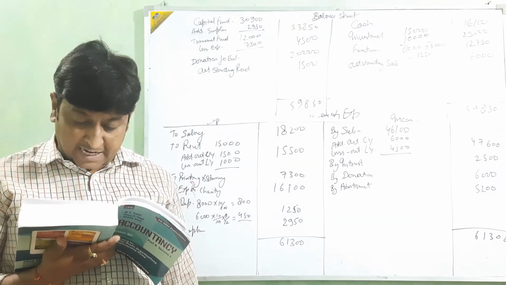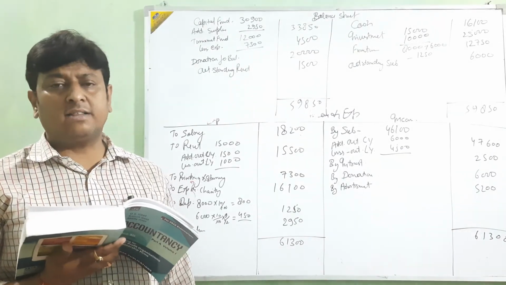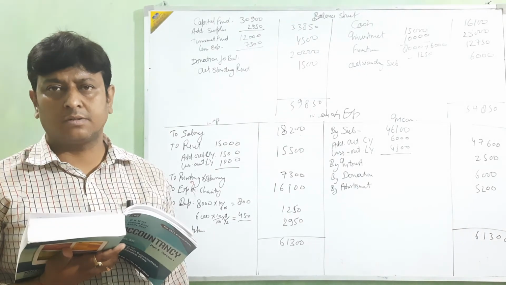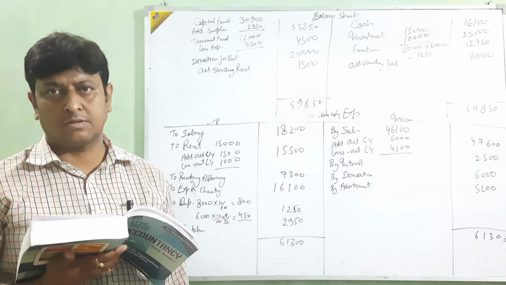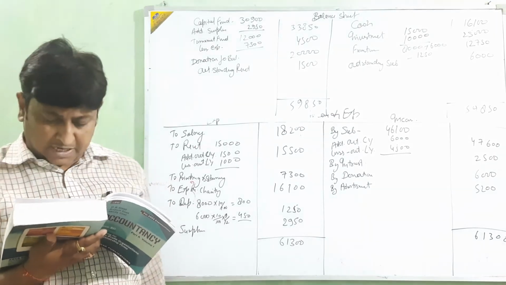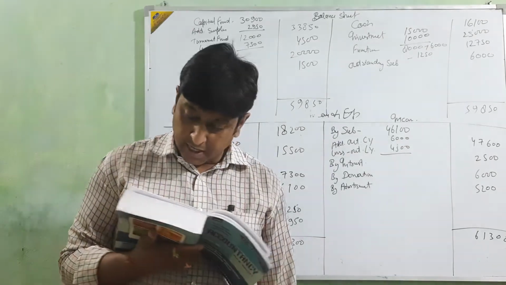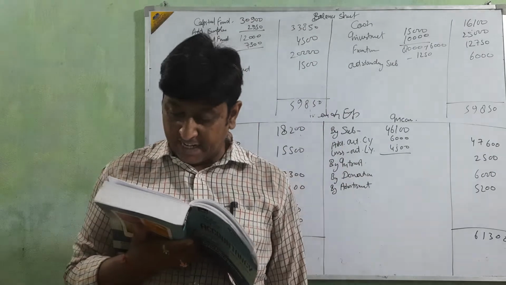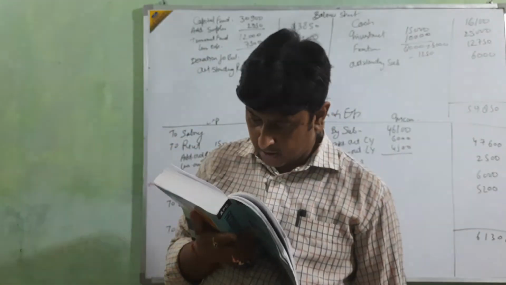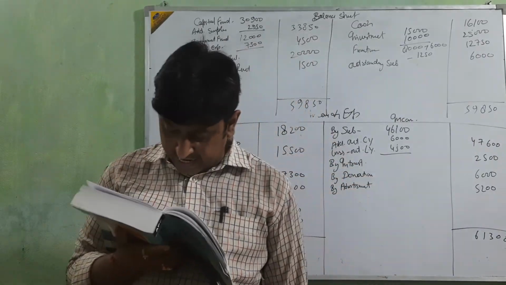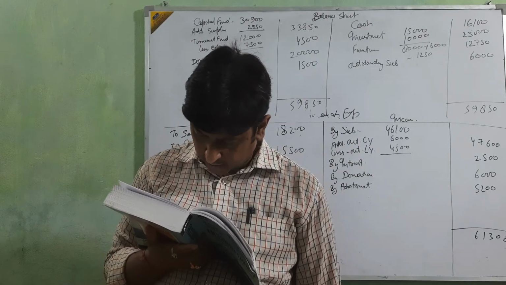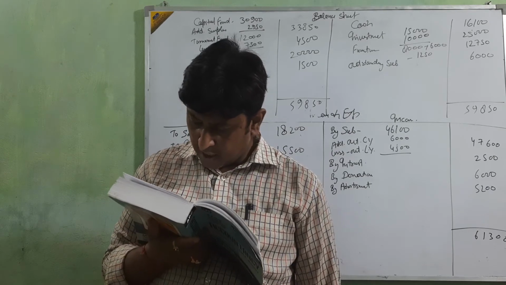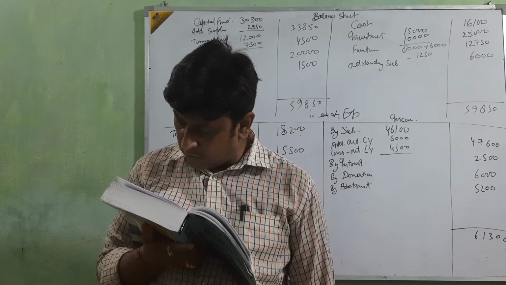Okay beta, clear? First we are going to make the opening balance sheet. In that opening balance sheet, opening cash 6,000. Then investment 50,000. And then they have plant and land value 50,000 and furniture value 15,000.